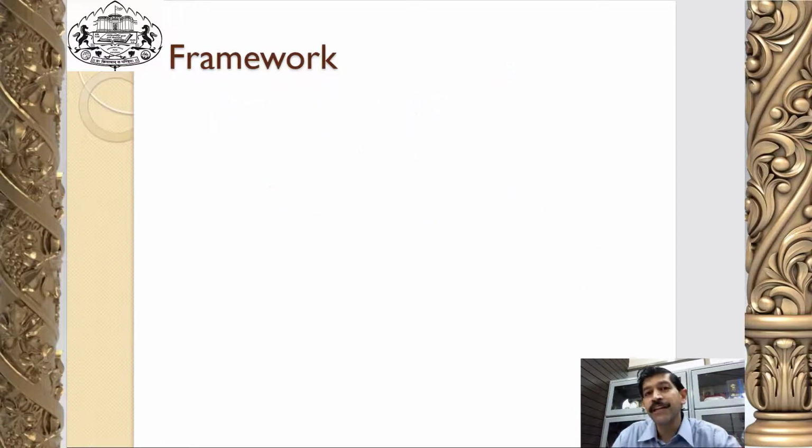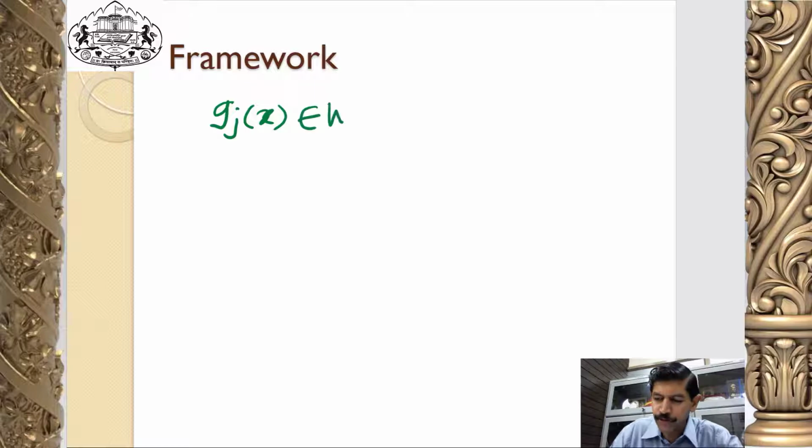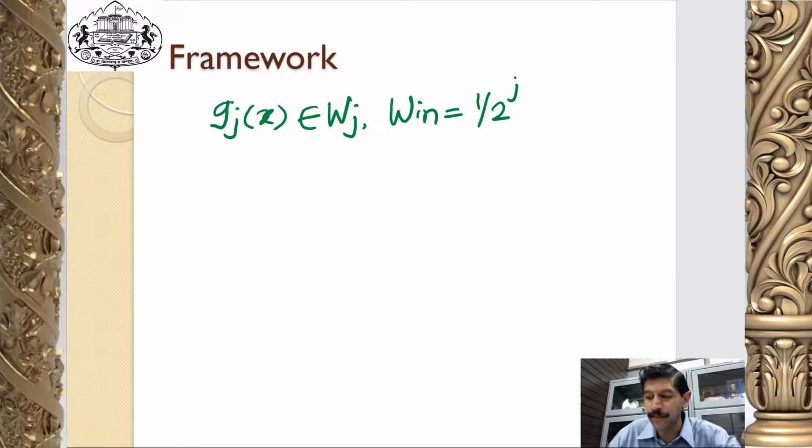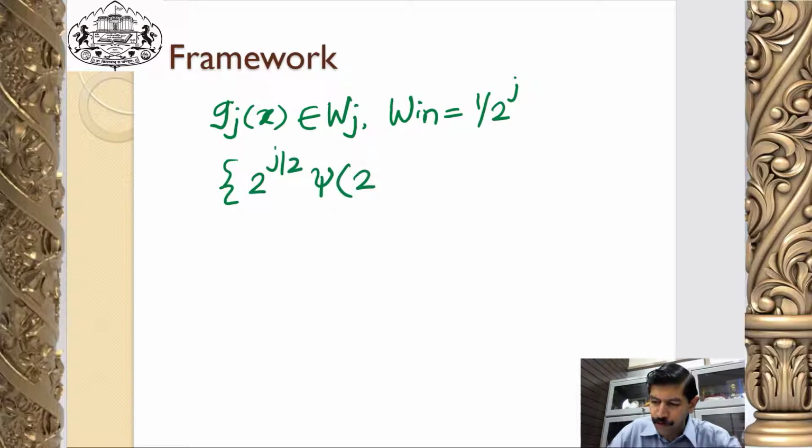Now similarly, let's write down the framework for the wavelet function, and let's say the same function we will call gz of x. It would belong to some subspace w of z, and the window of analysis will be 1 upon 2 to the power z. I'm purposely using some other color, and the span of operation for this will be 2 to the power z by 2 into psi of 2 to the power z x minus k, where k is once again the translational parameter.